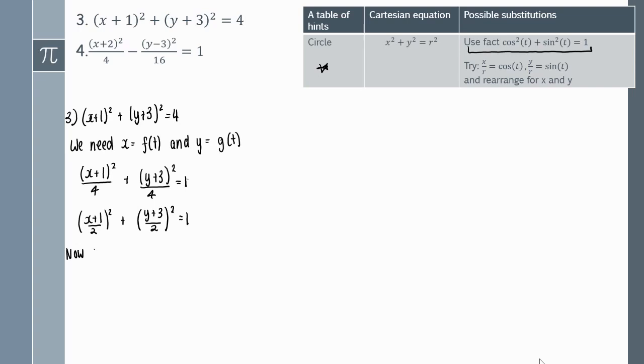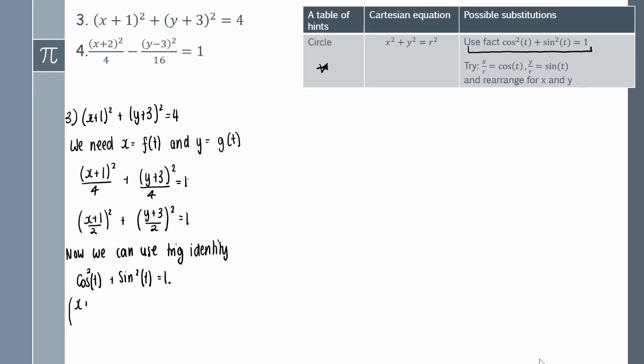This is where I use the fact that cos squared t plus sine squared t equals 1. And then I can simply match up the terms here with cos squared and sine squared because the equations look pretty similar.